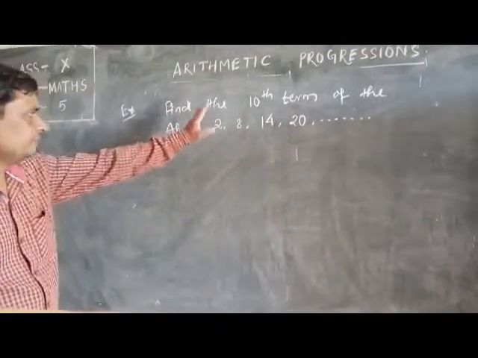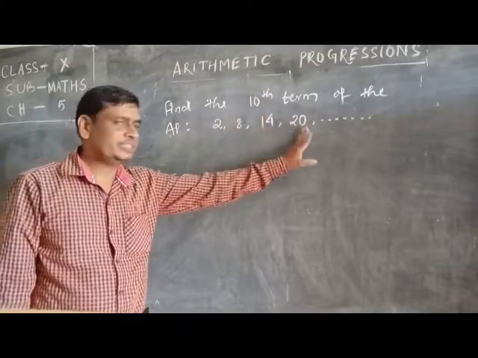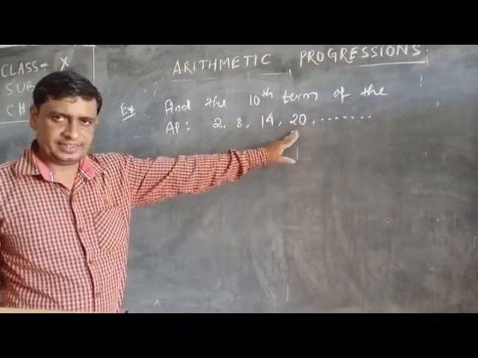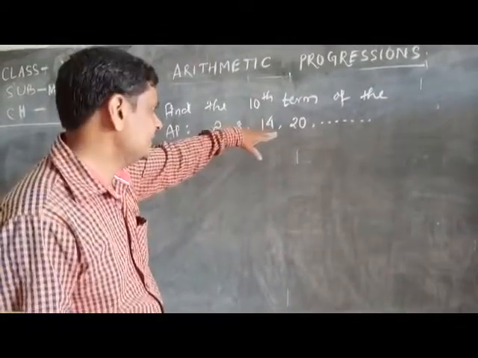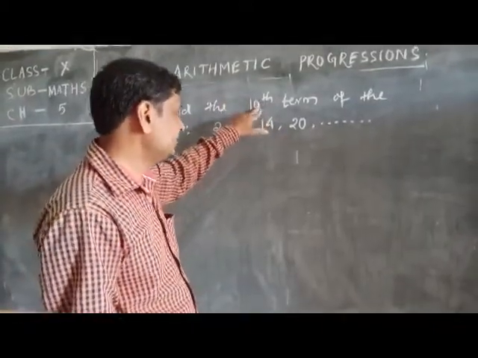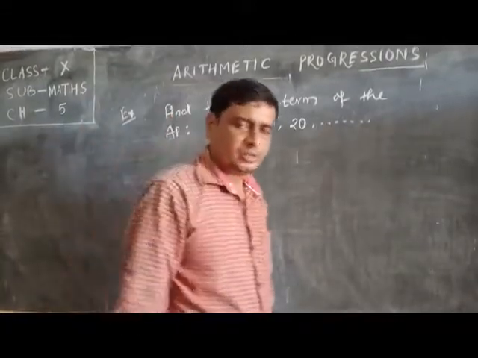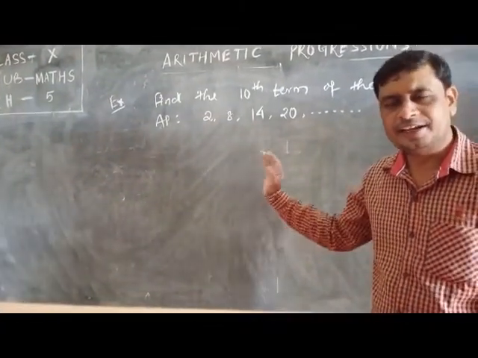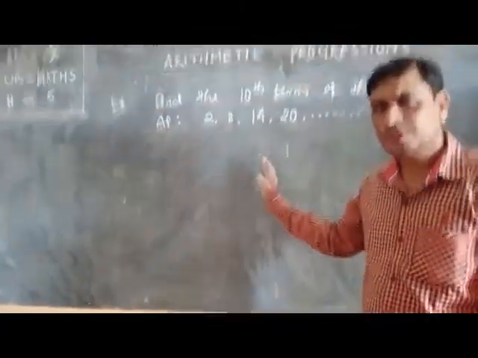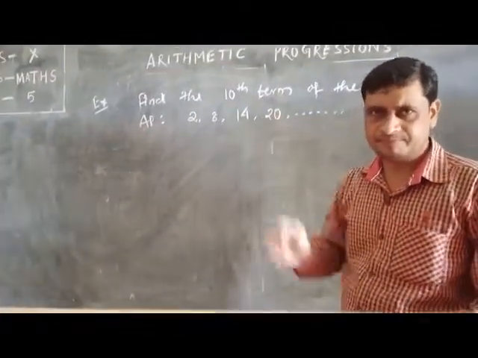It is given an AP 2, 8, 14, 20. These are the terms of the given AP, and we have to find the 10th term of this AP. According to AN, the nth term of an AP, we can find the 10th term in that AP.